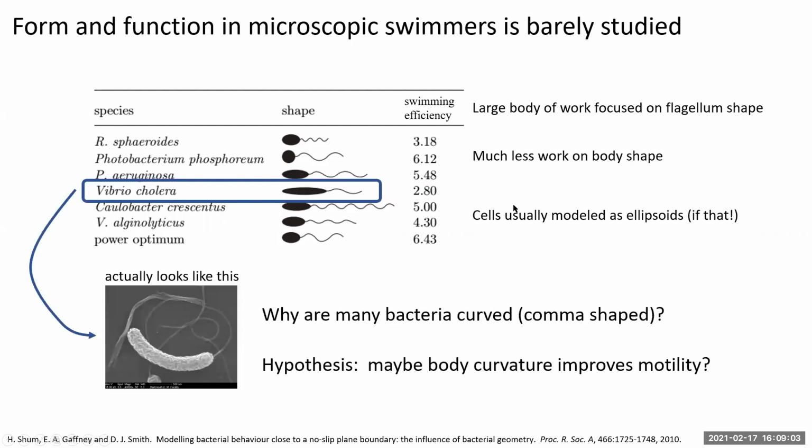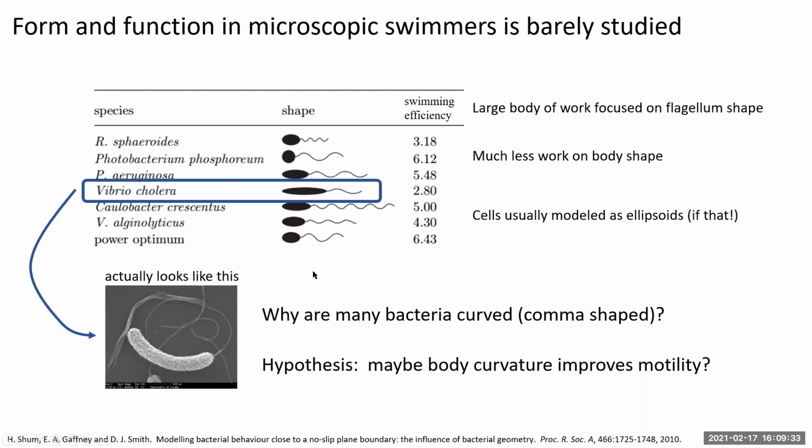Here's a paper by Shum, Gaffney and DJ Smith, from a while ago, where they looked at a bunch of different things. But one thing is they took some species of real bacteria and approximated them using these ellipsoidal bodies. They looked at things like swimming efficiency, comparing across different species, but if you look at Vibrio cholerae, it actually is a curved rod.